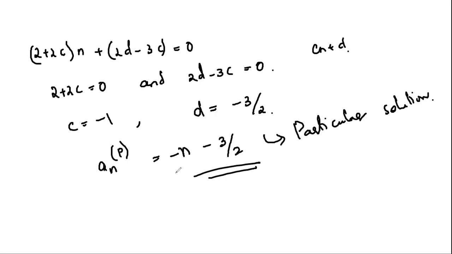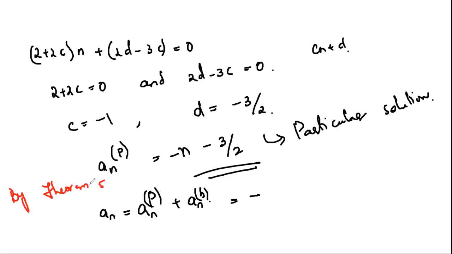Now, by using the theorem, we know that our theorem stated that we have to add both the solutions. an was an of p plus an of h. an of h, if you remember, was alpha into 3 power n, the first step. Now, this is by using theorem 5.